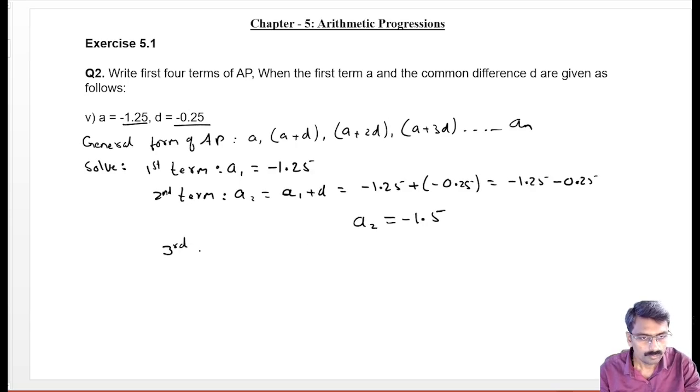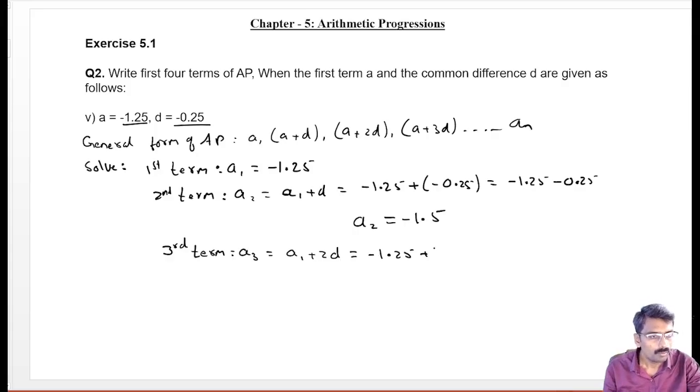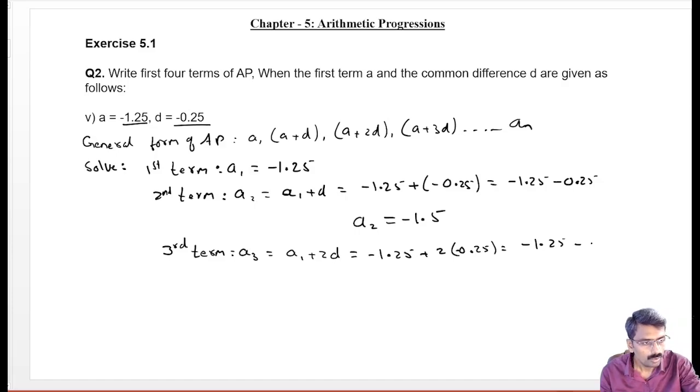Third term, a3 will be equal to a1 plus 2 times d, that would be equal to -1.25 plus 2 times -0.25, which would be equal to -1.25 minus 0.5. So our a3 will be equal to -1.75.